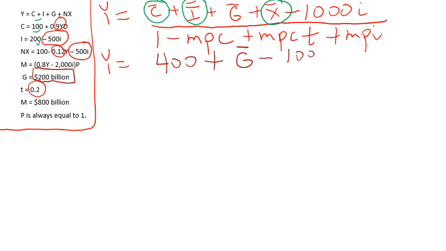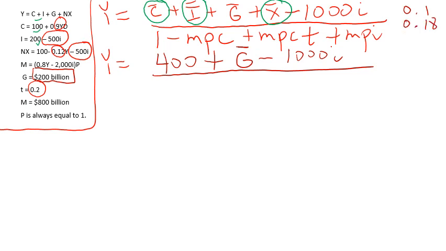All right. Okay, let's continue. Minus 1000i. Okay, and in the denominator, 1 minus MPC, well, that's 0.1. MPC times T, that's 0.18.